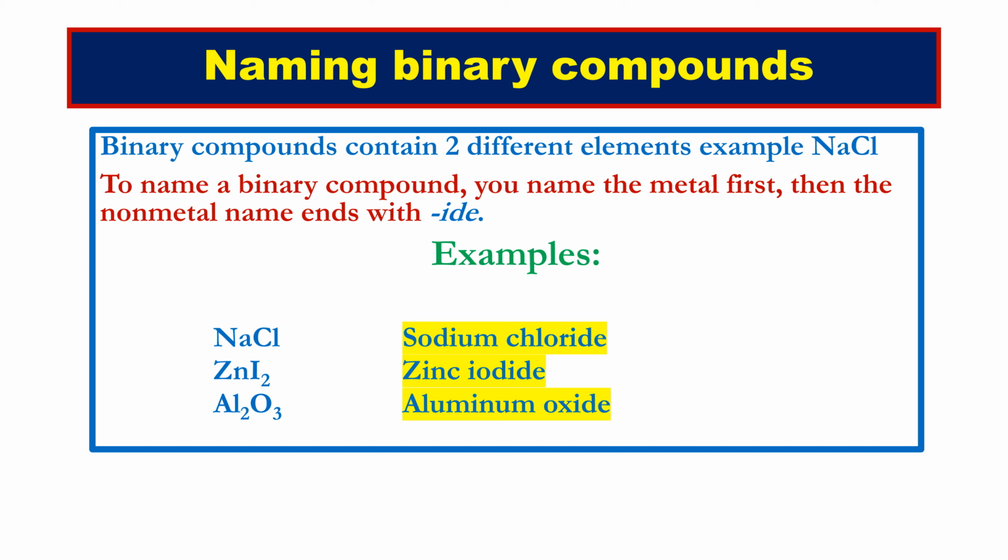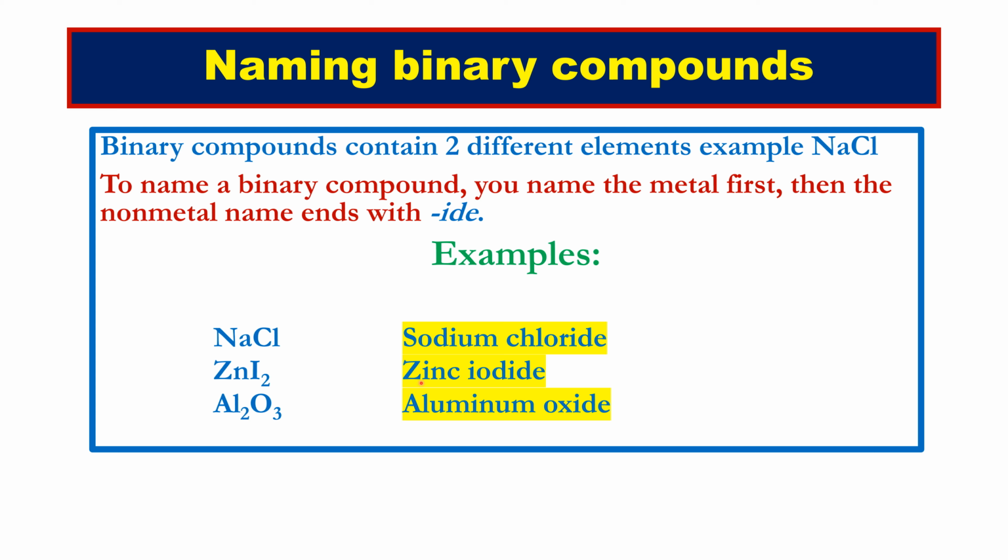To name a binary compound, you name first the metal, then the non-metal, and you end the name with -ide. So for example, NaCl is named as sodium chloride. You name the metal, which is sodium, first, and the non-metal, you end the name with -ide.